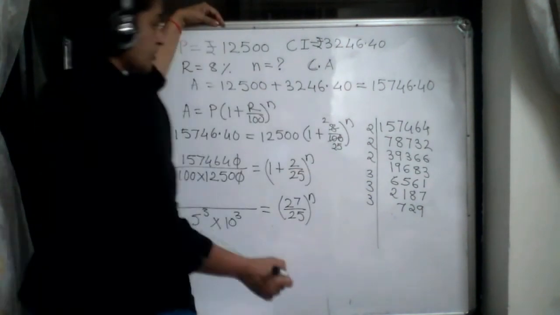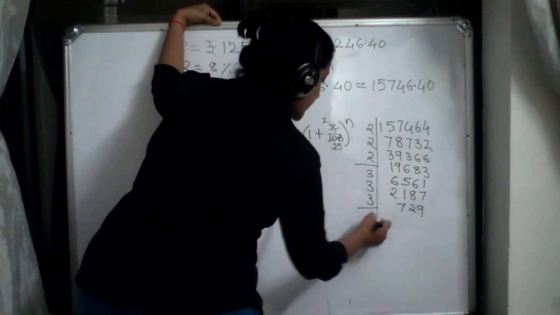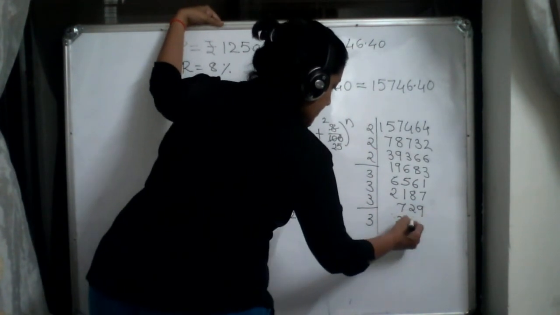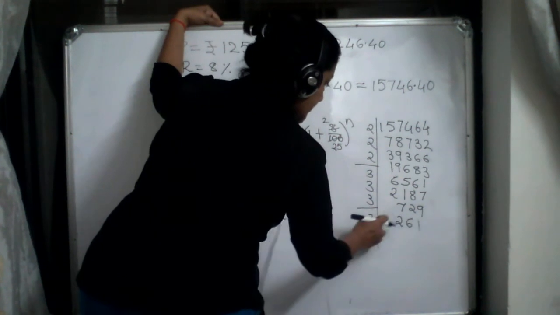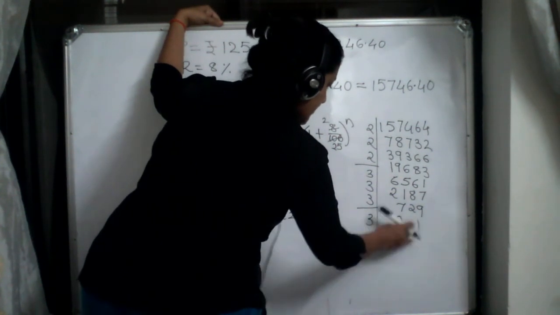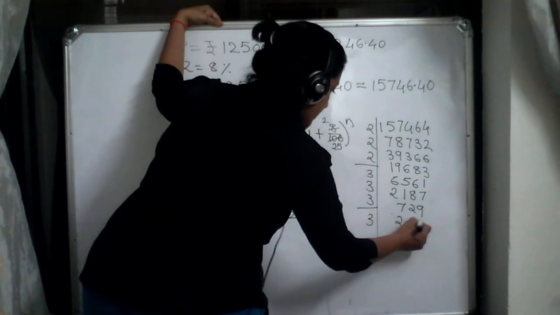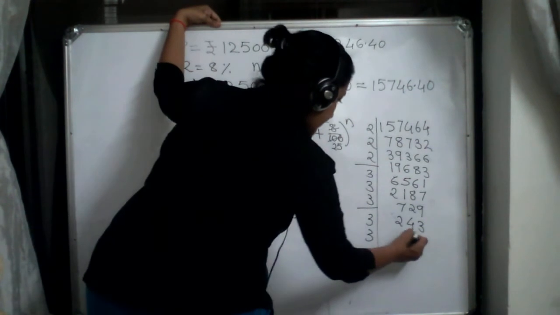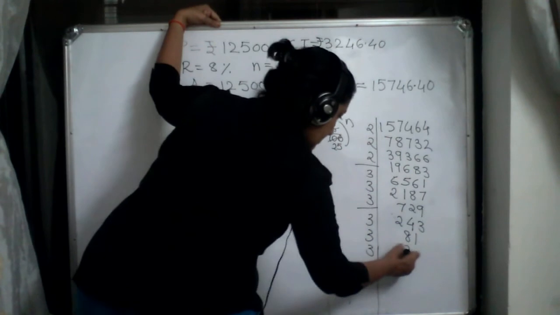Now some of you know what the prime factors of this one are. 3 2s are 6, 243, so again 3 3s are 81, again 3 3s are 27.